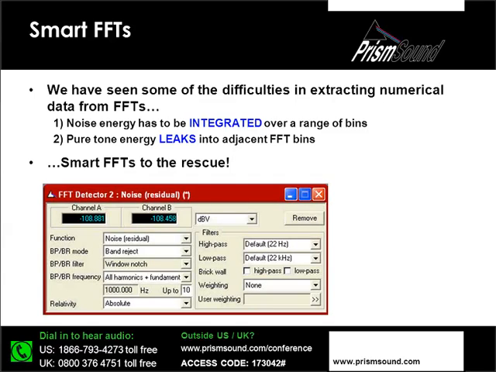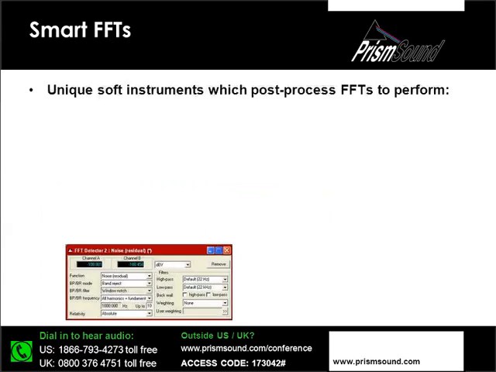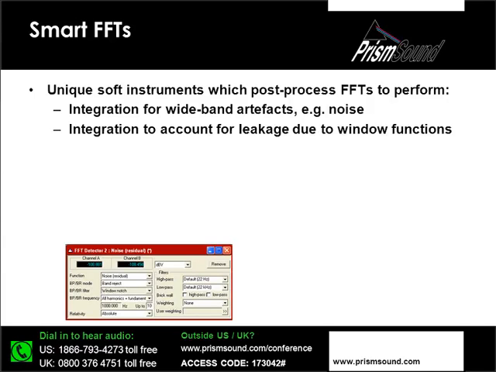So what are these things? What do they do for us? Well, these are software-based instruments that reside uniquely in the D-Scope Series 3 measurement platform that I've been using for my illustrations today. And they do the following. They perform our numerical integration to allow us to measure wideband products like noise. They actually automatically account for the precise number of bins of spectral leakage introduced by whatever window function you want to use for your FFT.